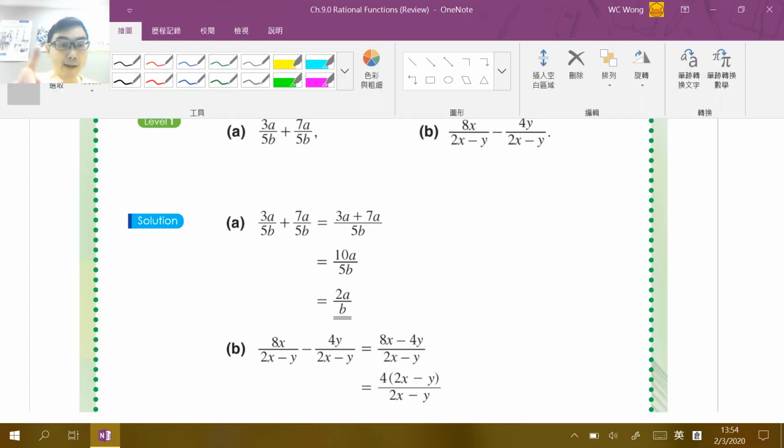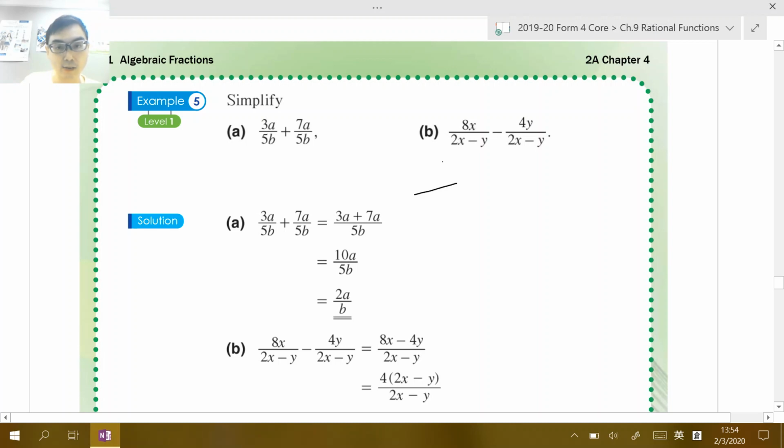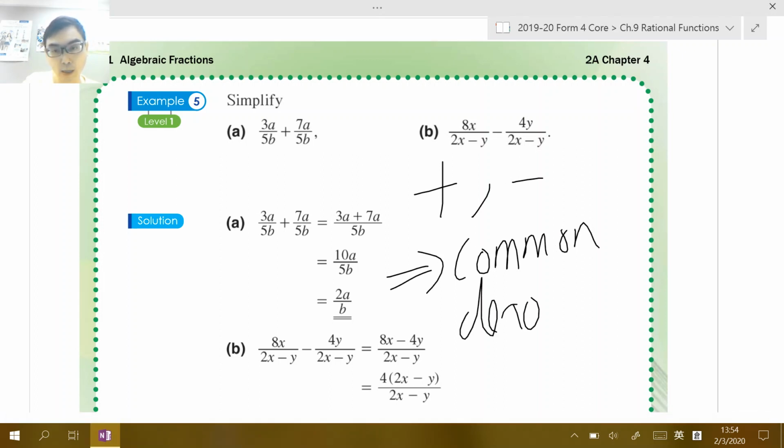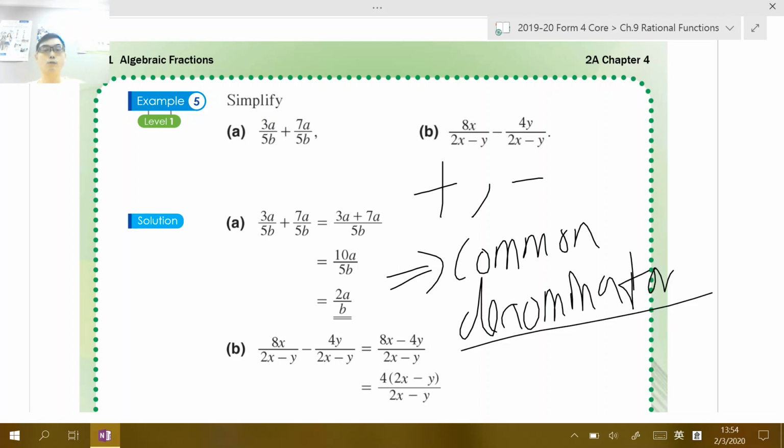That means that when we add or subtract fractions, we have to remember to make a common denominator. So in Chinese, you heard a lot, 通分母啊. So please remember common denominator is a very important thing when we want to add or subtract fractions.